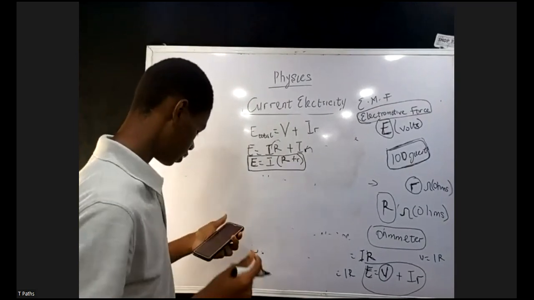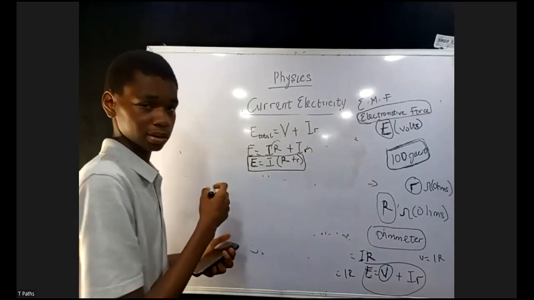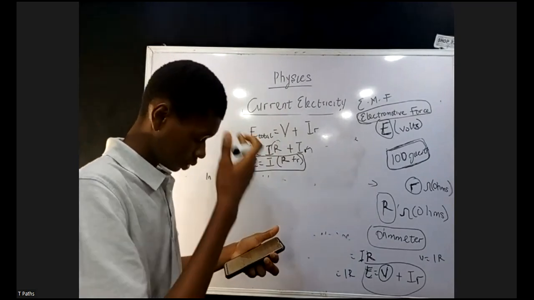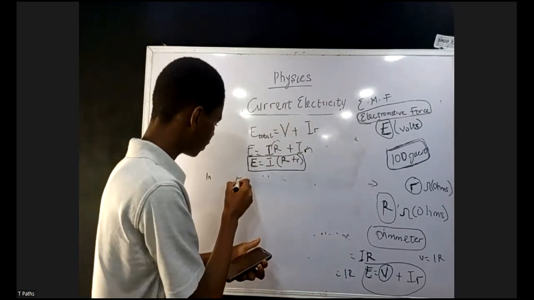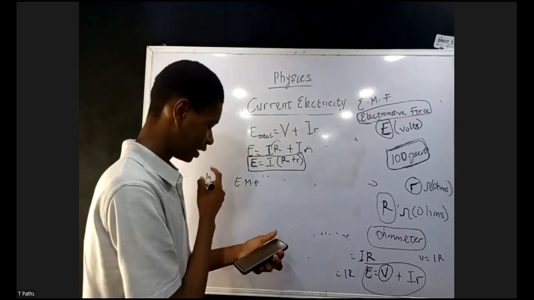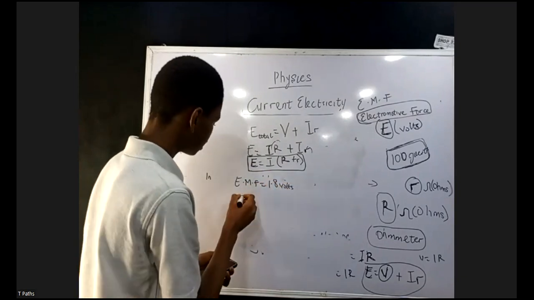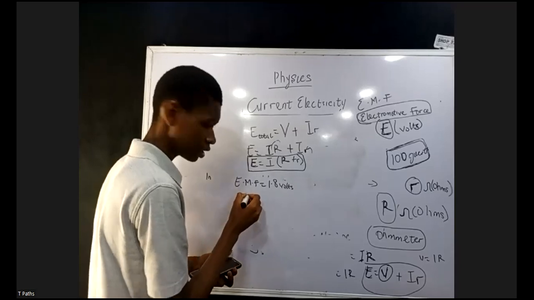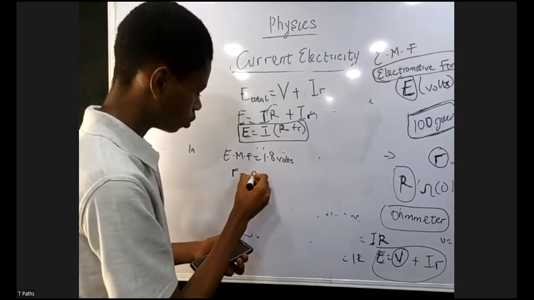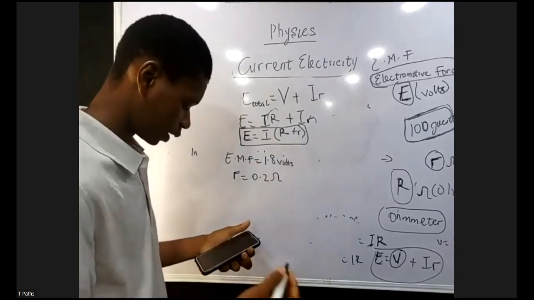Let's take an example. In a circuit, a cell with an EMF of 1.8 volts and an internal resistance, that's internal resistance, small letter r, of 0.2 ohms is connected to a resistor with a resistance of 55 ohms.